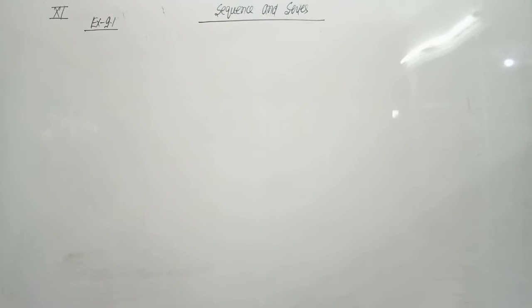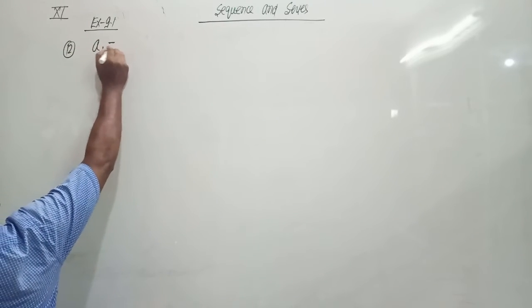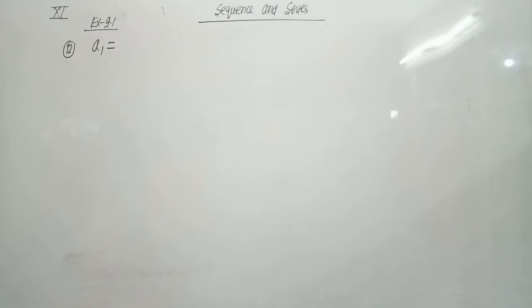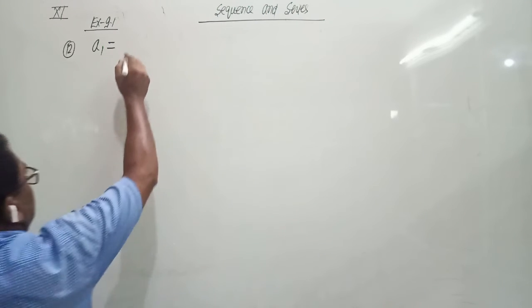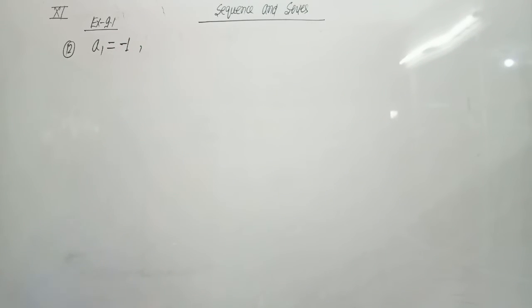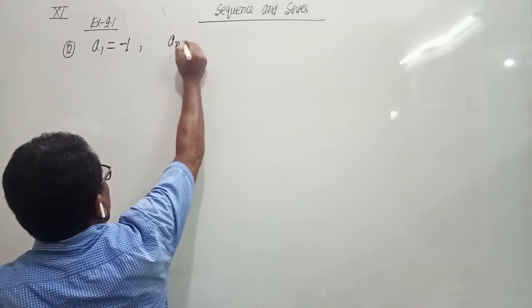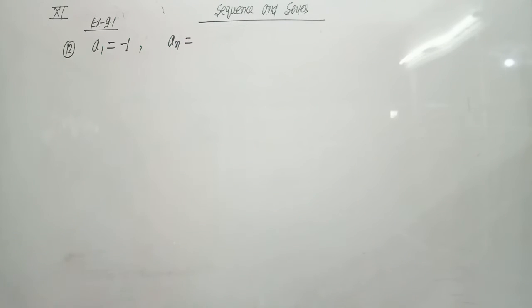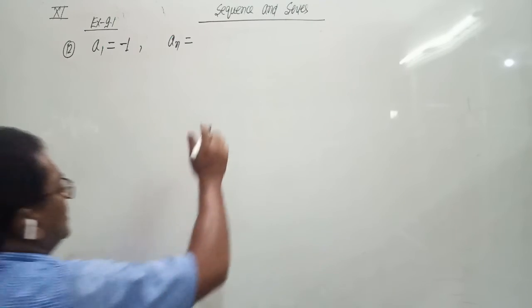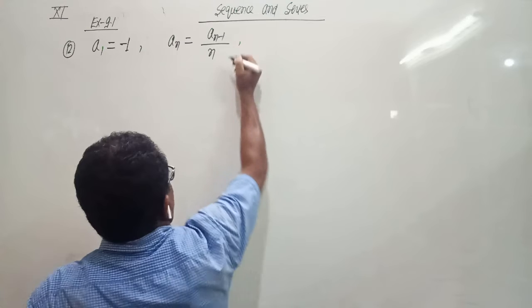Now next question, question number 12. We have given A1 equals to minus 1, the first term. A1 equals to minus 1 and An is equals to A n minus 1 upon n.